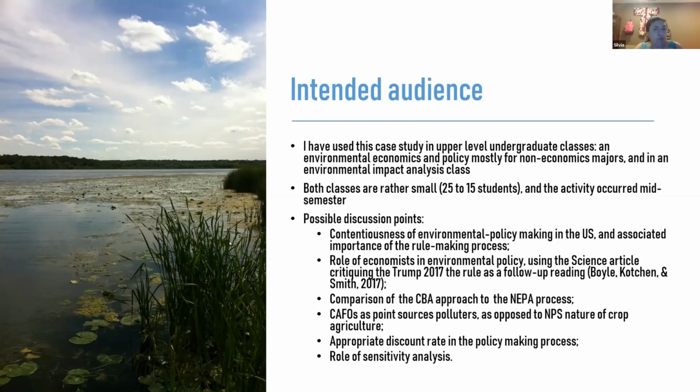But you can use it to think about the discount rate, you can use it to think about non-point sources versus point sources, and how cost-benefit analysis compares to things like NEPA.